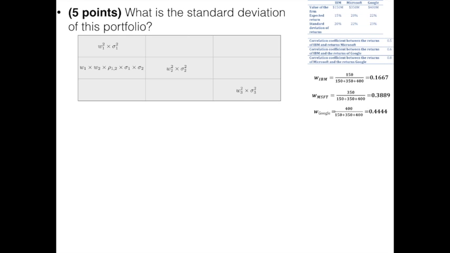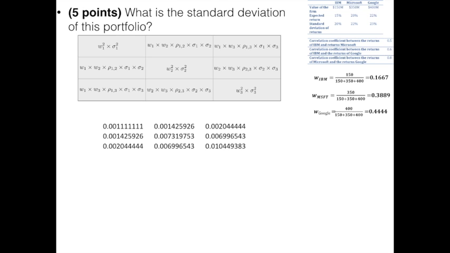Now the element in row 1, column 2 would be exactly the same. In a similar way, you would fill in the remaining elements of this matrix. You will calculate their numerical values, and you can see that they are symmetric in a sense. The element in column number 1, row number 2 is the same as the element in row number 1, column number 2, etc. So the off-diagonal elements are symmetric.